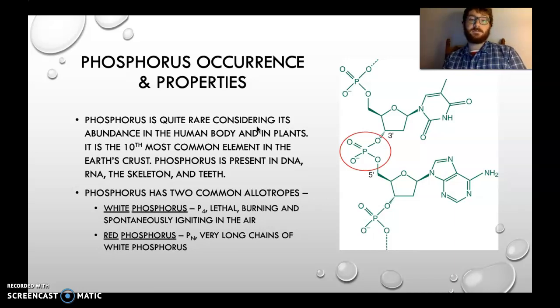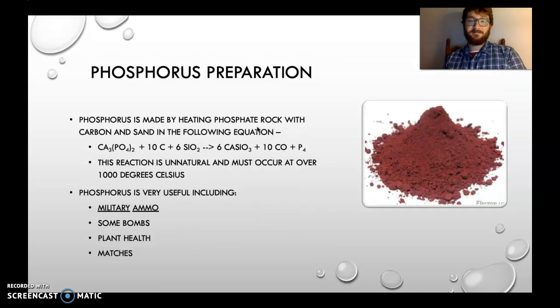Red phosphorus is very long chains of white phosphorus, all linked together, however many you would like. And of course, red phosphorus does have its dangers as well. So you can see phosphorus isn't a very kind molecule. So in the forms that we like, phosphorus isn't linked to other phosphorus molecules.